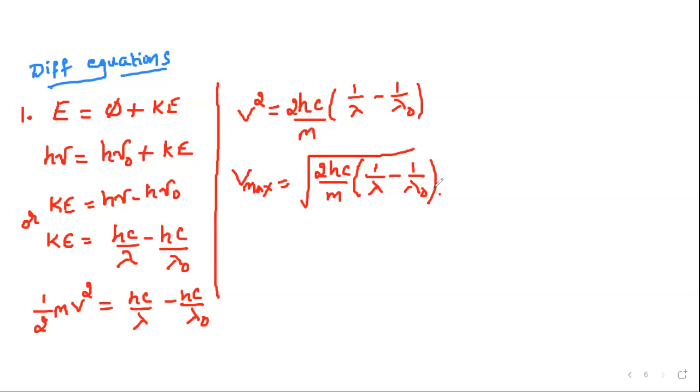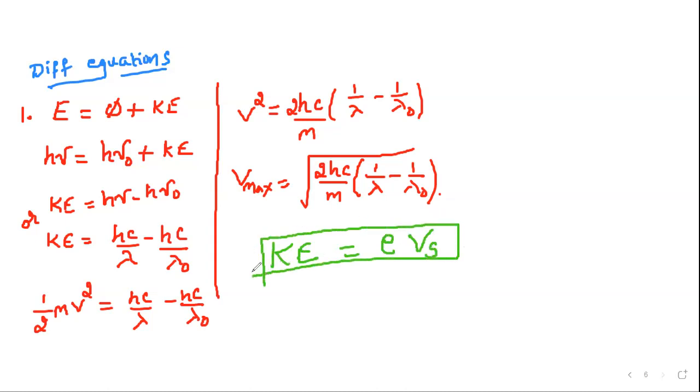So these are the different forms in which we can put Einstein's photoelectric equation. And also remember, kinetic energy is nothing but e into Vs, where e represents the charge of the electron, Vs represents the stopping potential.